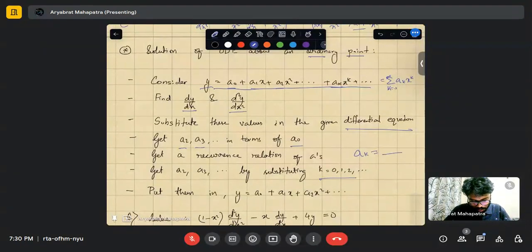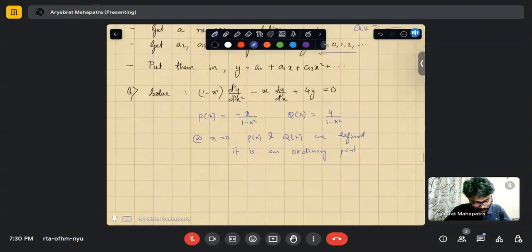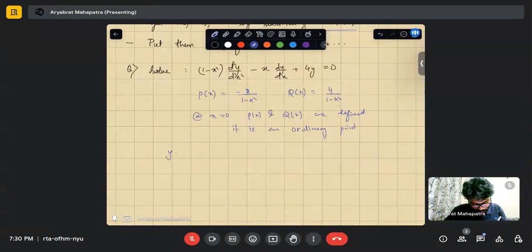You follow these steps. So start from the answer. You take an answer of this form, summation ak x to the k, that is basically a0 plus a1x plus a2x square and so on, plus an x to the n, and this goes on.